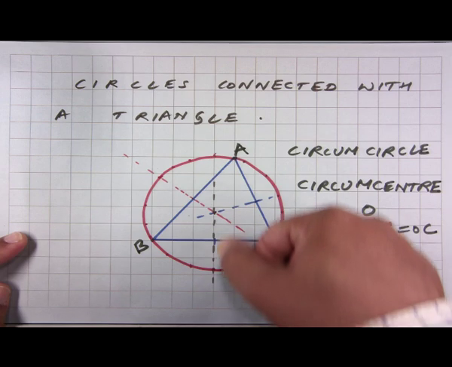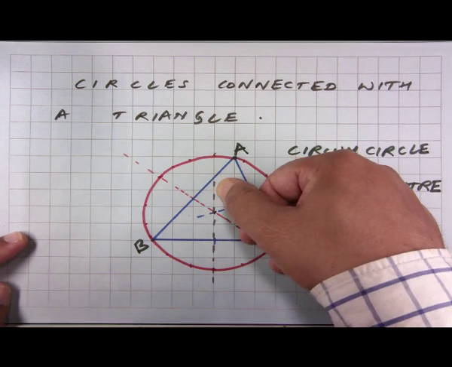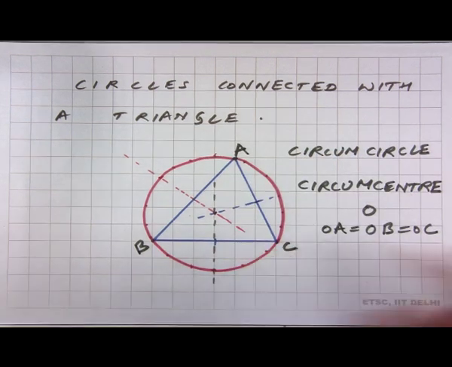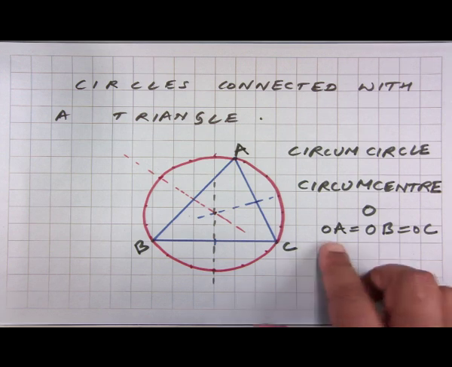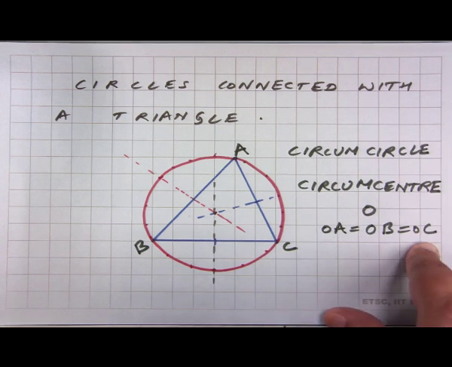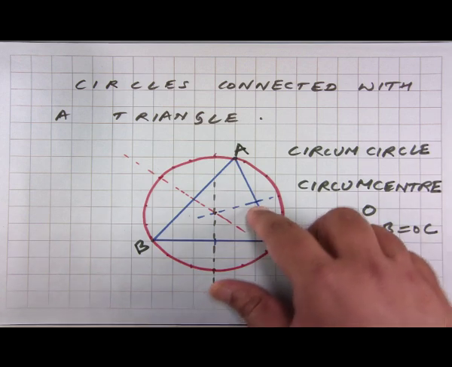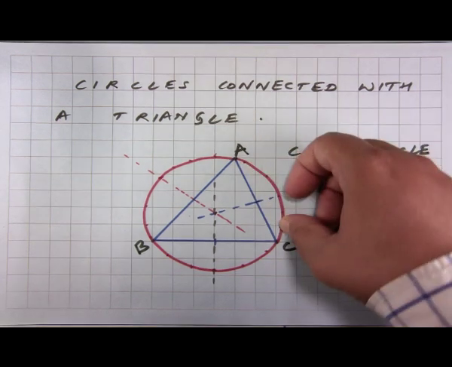And by a similar argument, because OA is also equal to OC, the point O must also lie on the perpendicular bisector of the line segment AC.